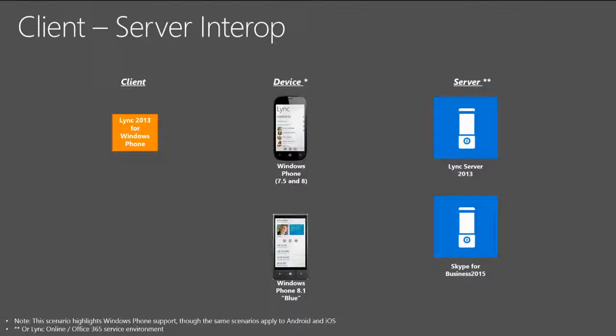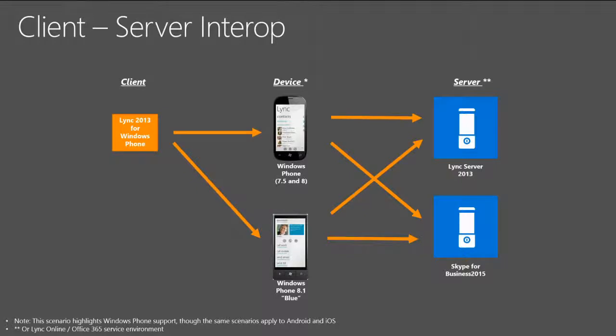If you look at the Lync 2013 clients, these continue to be supported against both the Lync Server 2013 as well as the Skype for Business 2015 server. There is a different version of the client actually in Windows Store. This is only specific to Windows, not for iOS and Android, which takes advantage of the latest features that are available on Windows Blue.